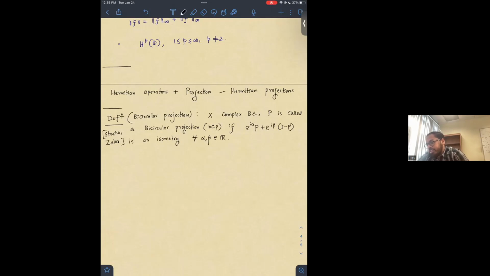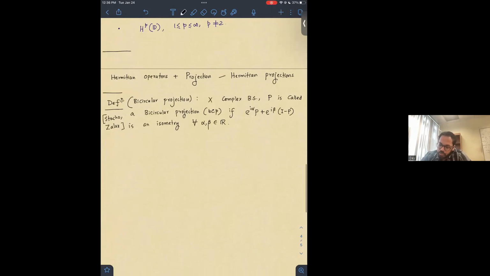So this is a special class of projections. And I'm just going to prove next that this is one class of bi-contractive projections on Banach spaces. There might be many classes of bi-contractive projections on Banach spaces, but this is one of them, and this is one of my interests in terms of research. So first of all, what does it mean?